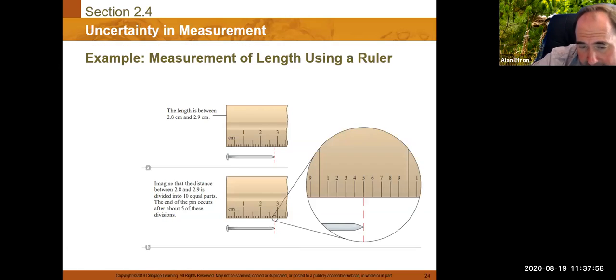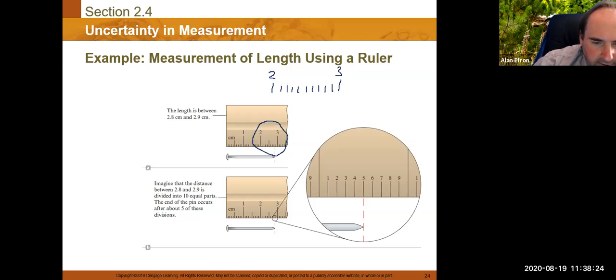So here's another example. If we look at this scale here, this is our 2 and our 3 in terms of our centimeters. And if you count up all the little markings, and by the way, sometimes people are not sure, we don't really start counting at the first number.